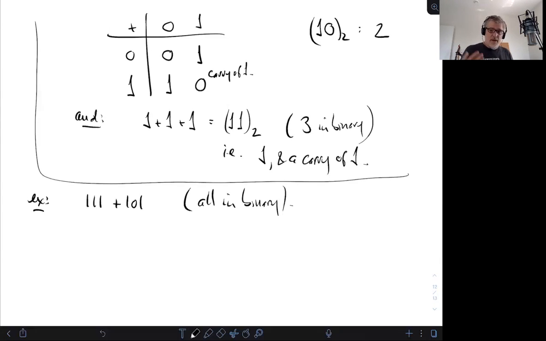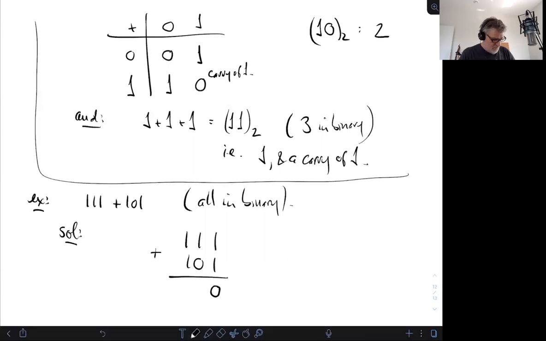Okay, so how do I add? It's the same algorithm as decimal, so it's 1, 1, 1. I put 1, 0, 1 under it, and I add. I start on the right. So 1 plus 1, that's 2, which is 0 and a carry of 1.